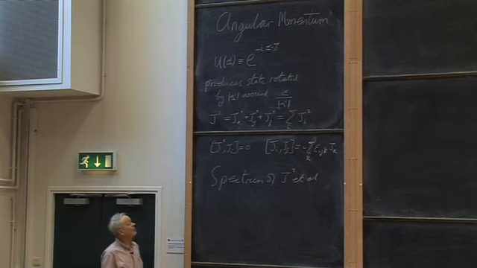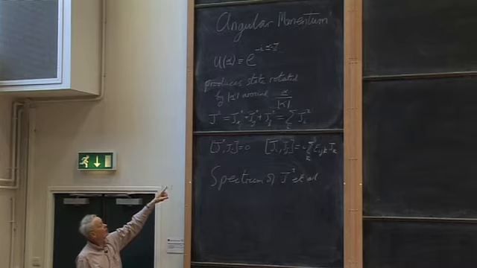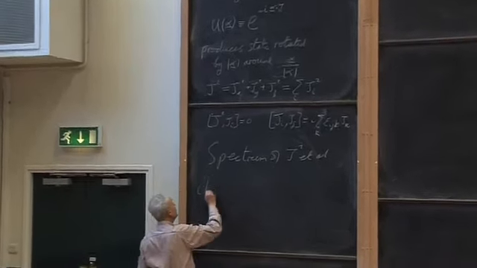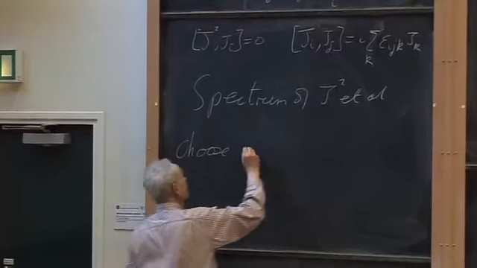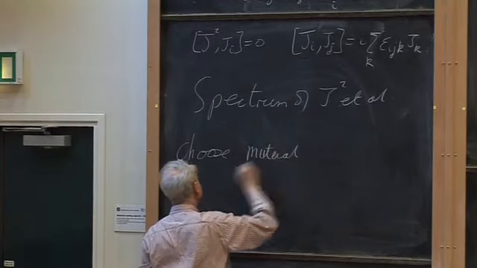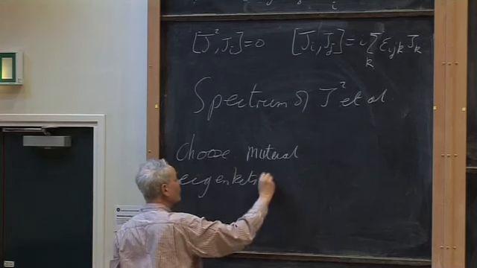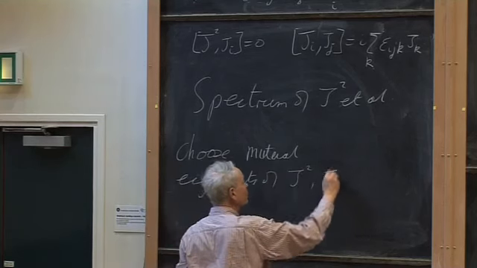It's conventional to pick, just at random, that we choose to have mutual eigenkets of J squared and Jz.